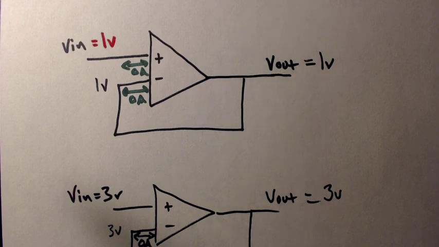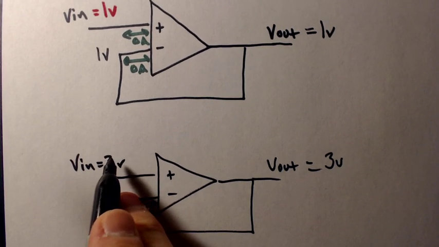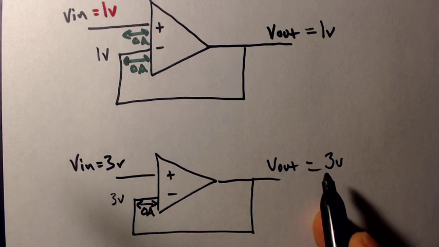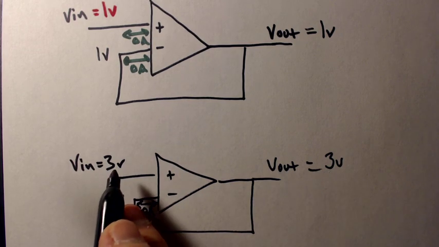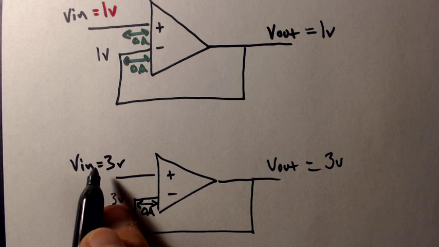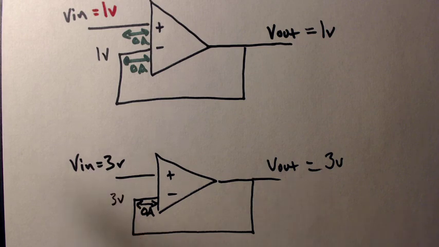Okay, so now I got 2 examples of this circuit. If I made this 5 volts, this would be 5 volts. If I made this 6 volts, this would be 6 volts. If I made this minus 5 volts, this would be minus 5 volts. Whatever our voltage on the input is what our voltage on the output is going to be.